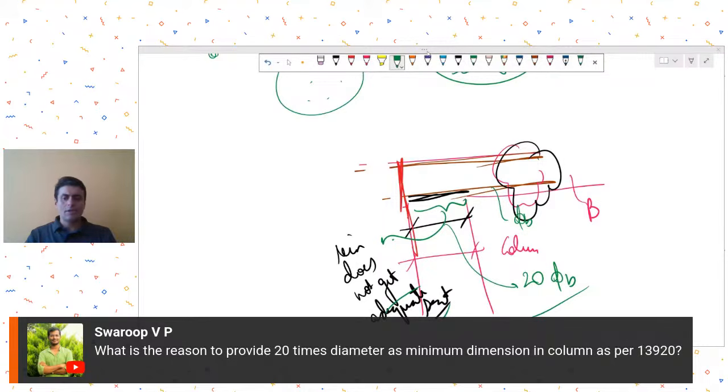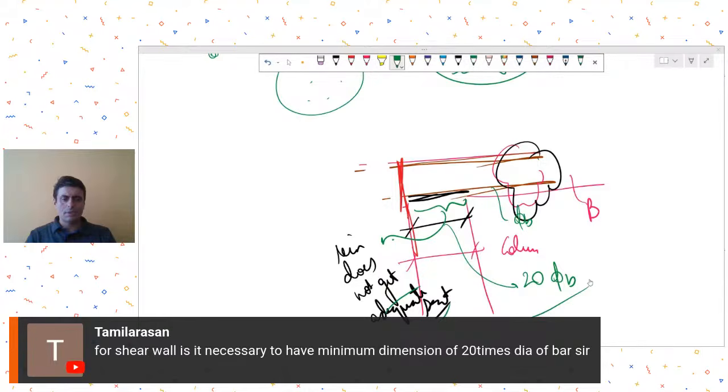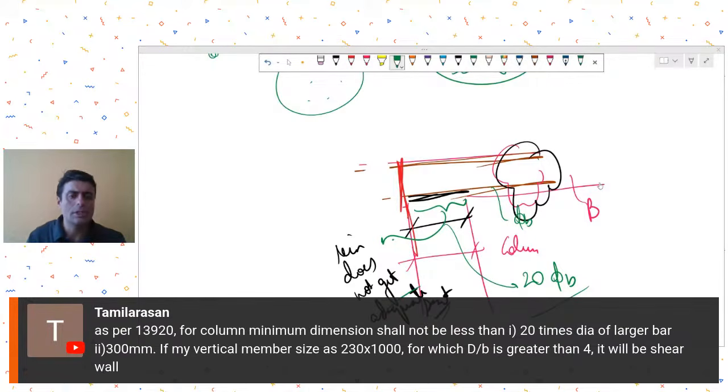Okay, so I think we have taken all the queries. Mr. Tamilarajan is asking, for shear walls, is it necessary to have minimum dimension of 20 times bar dia? So see, as I told you, if you take the d by b more than 4, it becomes a shear wall. Now for shear wall, no such criteria is given.